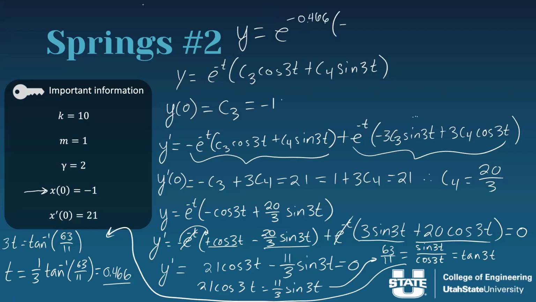Then we have minus cosine 3, 0.466 plus 20 over 3 sine of 3, 0.466. All right. Now, does anyone have a solution for that?